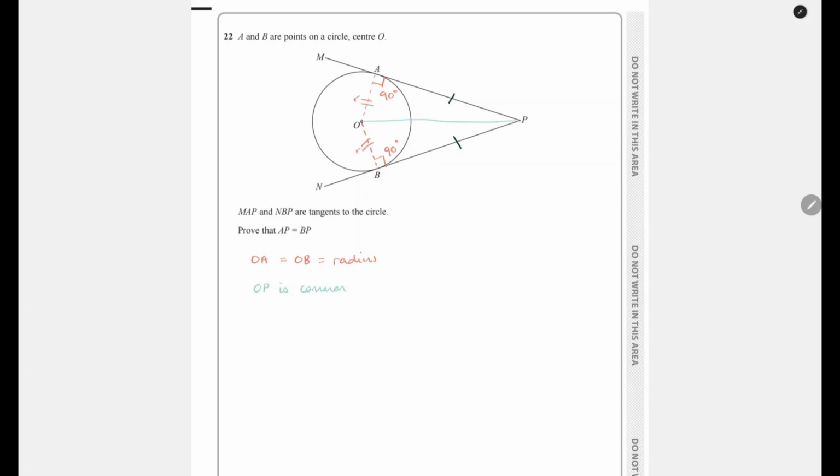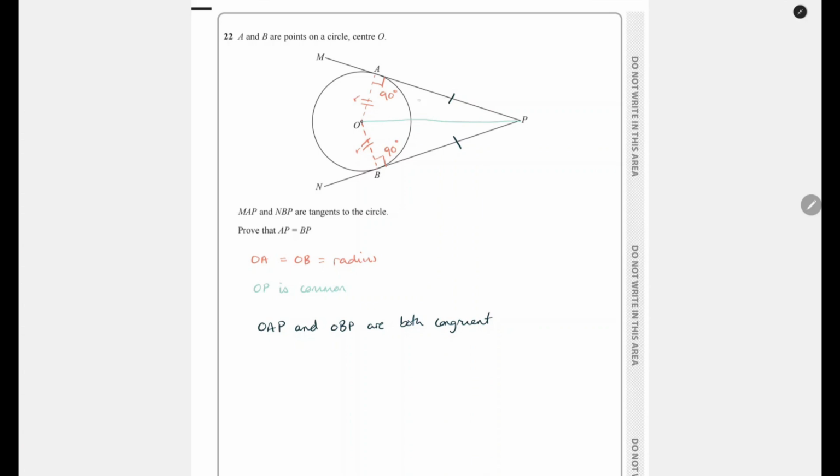So this and this is the same. The proof is for AP and BP to be the same. And we know that OP is common to both. And so we can say that both triangles are congruent. So OAP and OBP are both congruent.